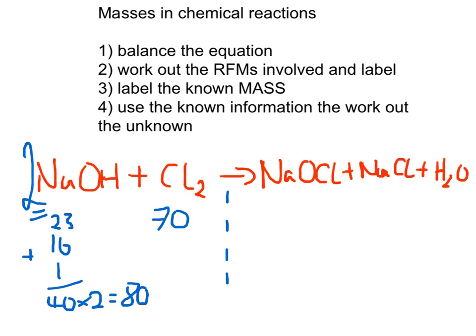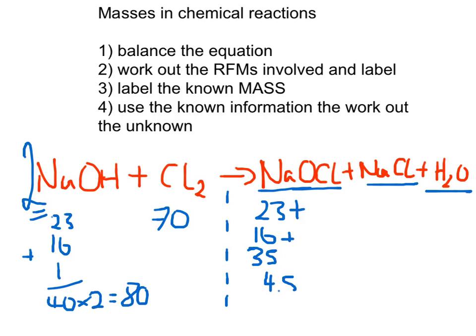And on the other side of the equation we've got the bleach, which is here, sodium chloride and water. So that's 23 plus 16 plus 35.5, which gives us 74.5.